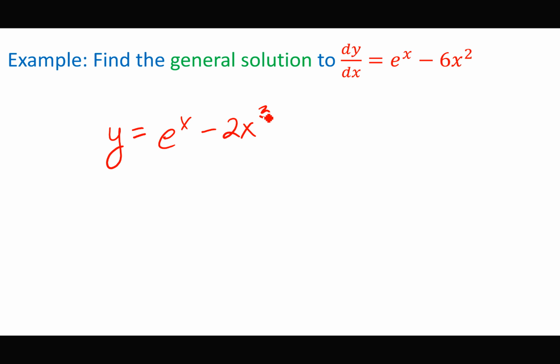Minus 2x cubed plus c. All right, that's the general solution to it. So if I take the derivative of that, no matter what my c is, I will end up with the derivative e to the x minus 6x squared.